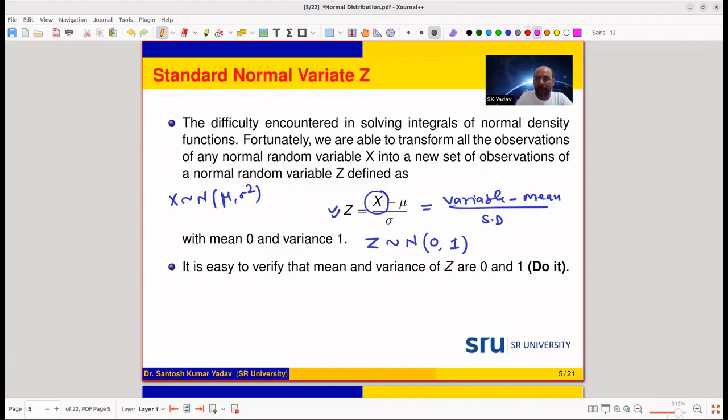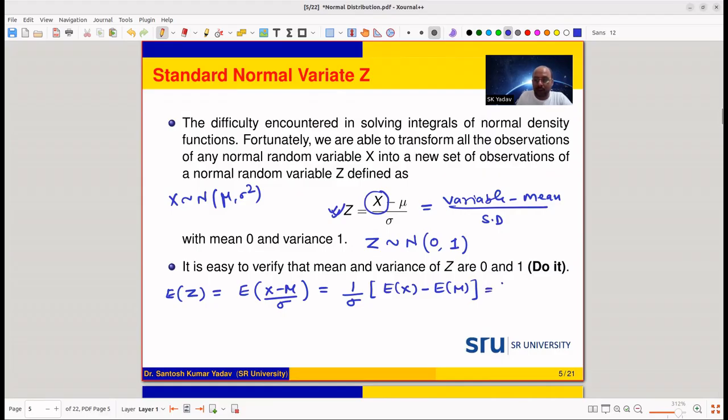So we have E of x, and now we have to compute E of z, which is the mean of z. The expectation of z, where z is defined as x minus mu by sigma. So I will use the definition here, x minus mu upon sigma. Now using the properties of expectation, this 1 upon sigma is a constant, so it will come outside and we can write it as 1 upon sigma, and in the bracket we have E of X, that is the additive property of expectation, and minus E of mu.